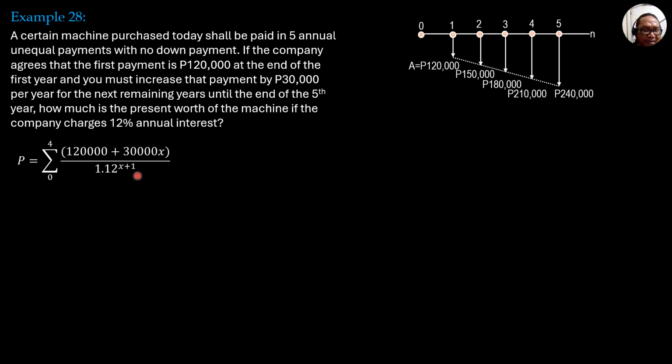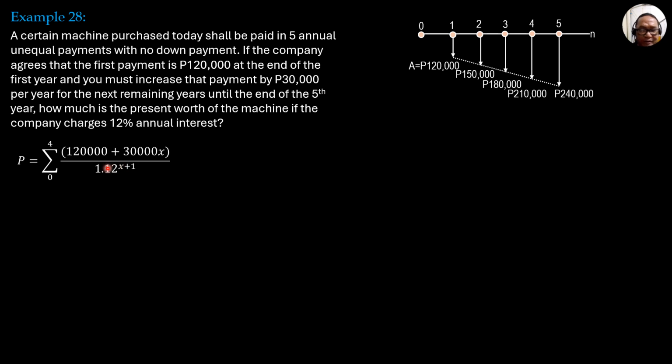So the denominator should be 1.12 raised to 1 plus 1, 2. Then for the last, x is 4, 120,000 plus 30,000 times 4. That's 240,000, correct? Then divided by 1.12 raised to 4 plus 1, which is raised to 5 because it occurs at the end of the 5 years. So this formula is correct.